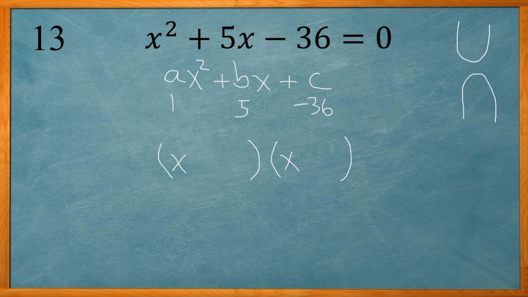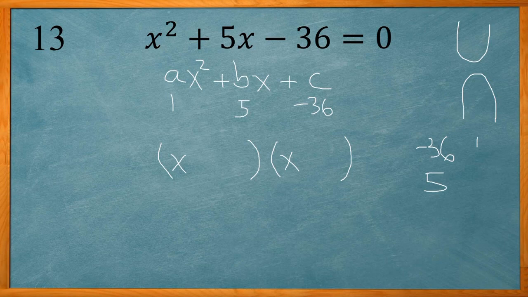Okay, so I need two numbers that multiply to give you negative 36. And if I were to add those two numbers, they'll add up to 5. So first I'm going to break down 36 to see which numbers those could be.